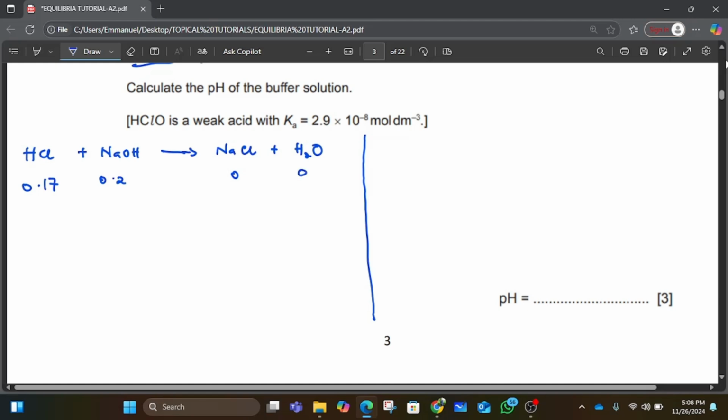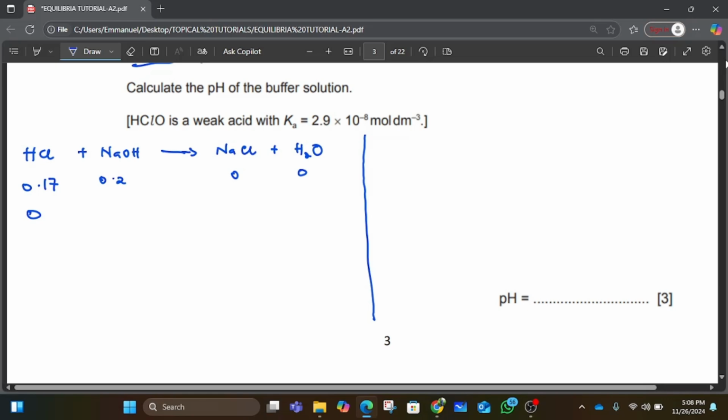After the reaction, the HCl is the limiting amount, so all of the HCl will be consumed. However, some of the sodium hydroxide will be left, which will later go and react with the HClO.